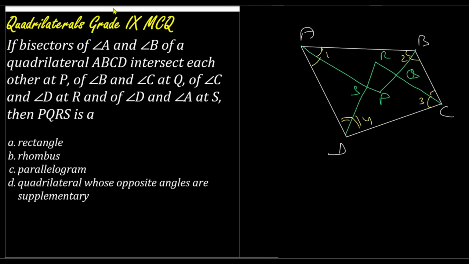Now, first of all, what I can say is that the sum of four angles of a quadrilateral is equal to 360 degrees. Now check here.